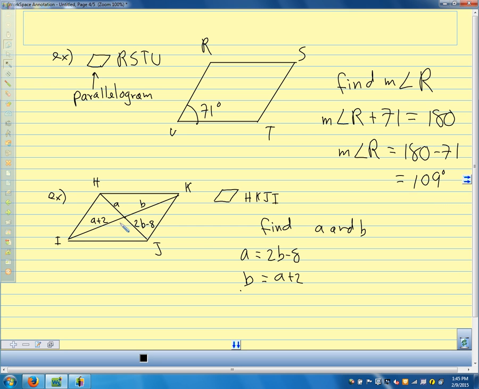Combine the equations. When we have two equations with two variables, our first step is to get one variable by itself in one equation, and then substitute it in, right? Well, this equation says A equals 2B minus 8. I'm going to take that and put it right there for A. So B equals 2B minus 8 plus 2.